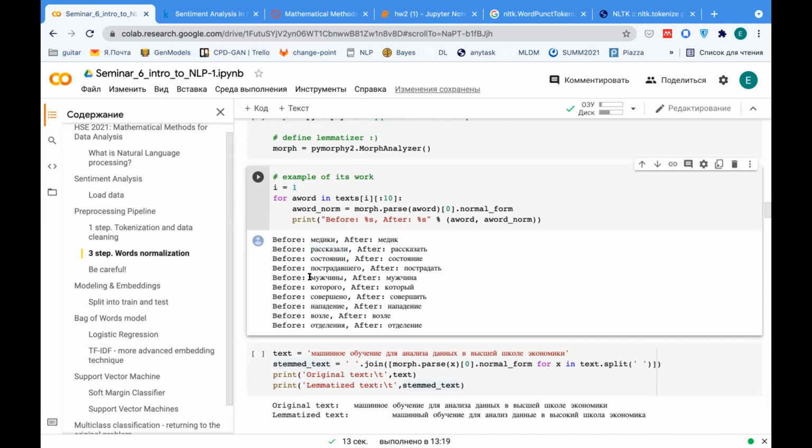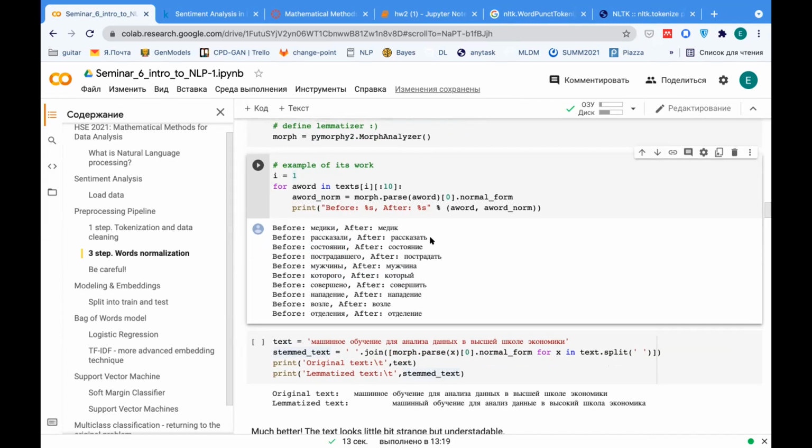We can see also some nouns that are in plural form, and then it goes to the singular. I'm sorry, I'm not a linguist, so I'm not sure about some words in English. But it can be seen that lemmatization can transform all the words to words that exist in the language. So probably in some cases it's better.